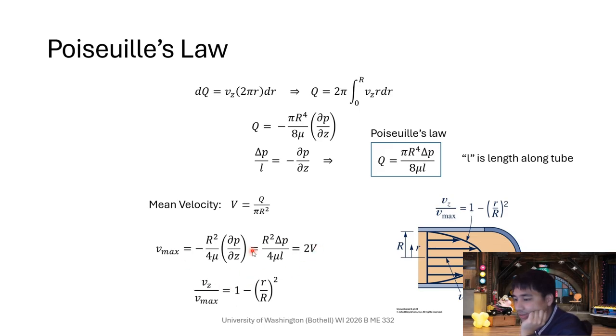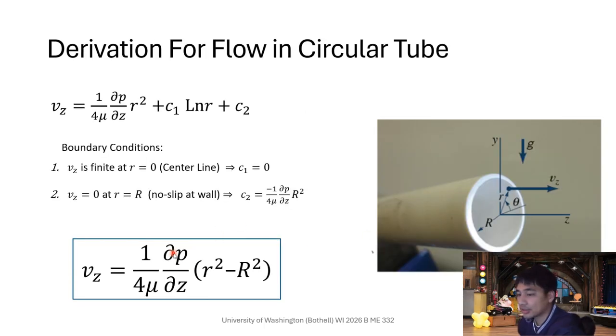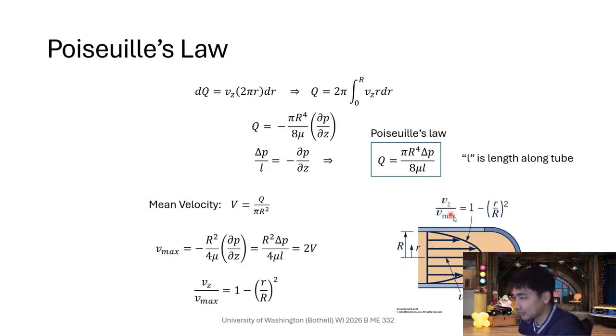And then if you take the ratio of your VZ to V max, you get this term here. You get this ratio of your velocity in the Z direction compared to your max velocity. It's equivalent to 1 minus small r, which is the radius to the velocity vector, divided by big R, which is the radius from the center line to the edge of the wall, squared.